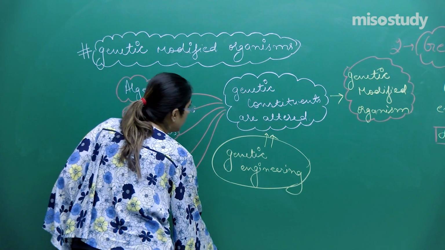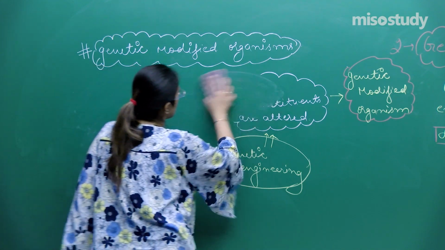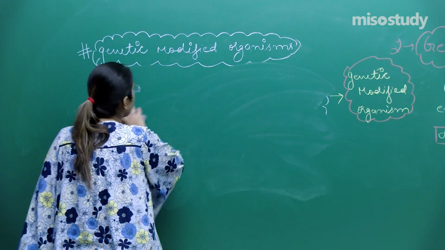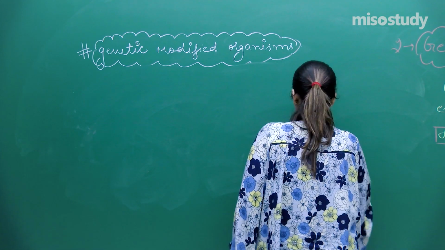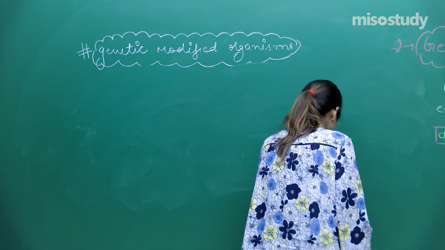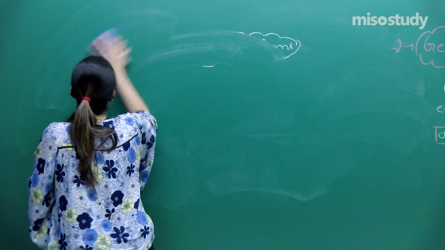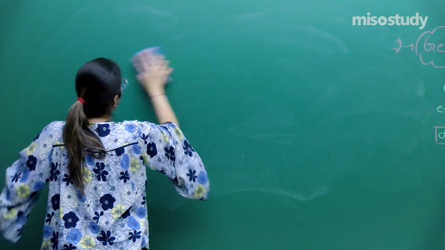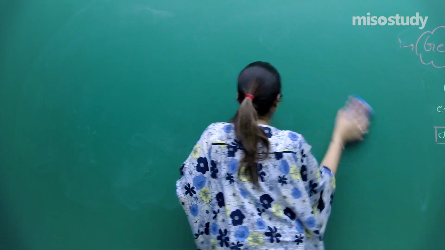Now let's talk about the characteristics of plants which are genetically modified, or why we need genetically modified plants. First of all, the plant should be more tolerant to abiotic stress, right?